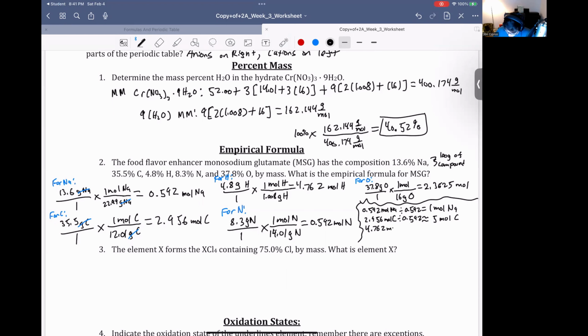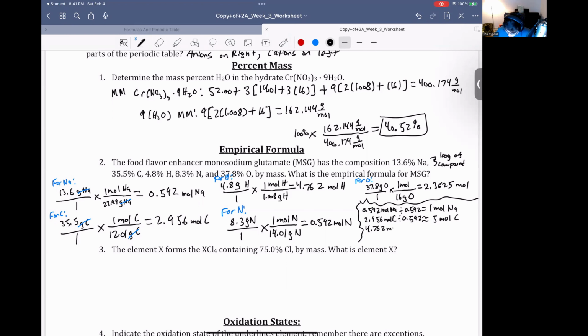Nitrogen is the same as carbon, number-wise. So that's 1, or I should say about 1, since when they were decimals with all their numbers, they were not the same. And sorry, I shouldn't have said carbon. I meant to say same as sodium. Those are the same, 0.592, about the same, if I didn't round.